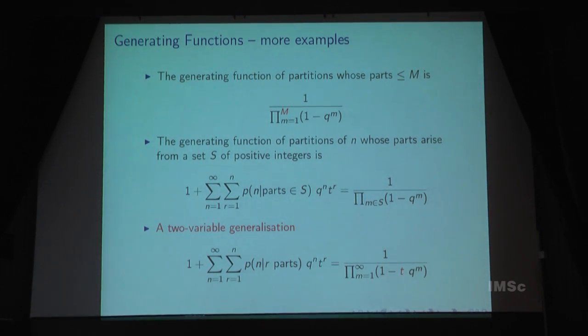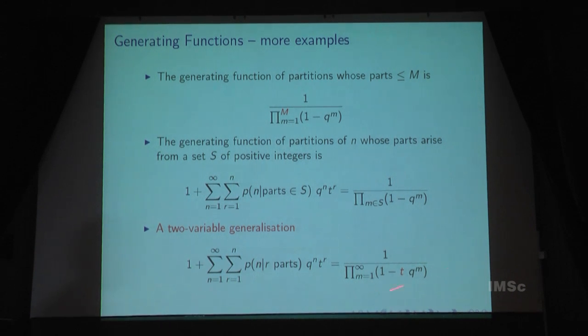Okay, but you can do even more. You can refine your counting. Here I'm going to count partitions of n with r parts. Because I have 2 numbers here, I have to put 2 auxiliary variables. I call the second variable t. So I have a function of 2 variables q and t. If I Taylor expand it and look at the coefficient of q power n t power r, that will give me the answer.